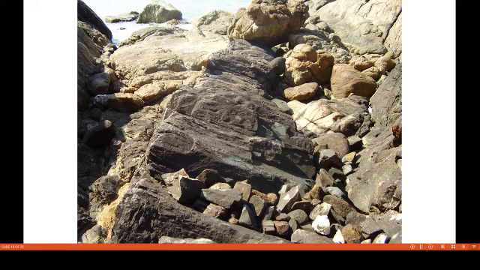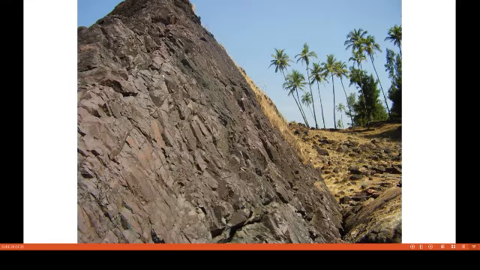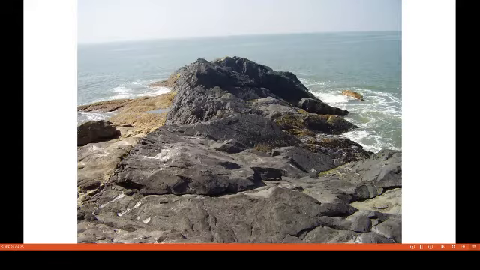The rock here and the rock here is gneiss, and in between you find the intrusion of dikes. This is also intrusion of dike into gneiss, and also you find here intrusion of dike into granite. This is also a very beautiful picture of a dike. Dike extending deeper into the Arabian Sea.